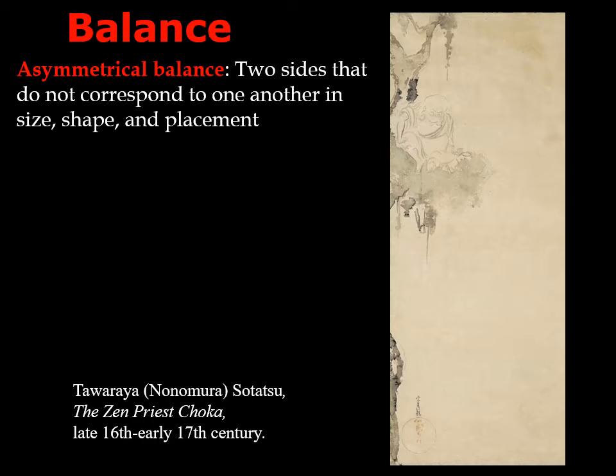There's no real balance whatsoever in this. It's all up there. Some of the times with the ideas of trying to work through asymmetrical is, the vast emptiness kind of helps to balance out the little bit of image that you have.